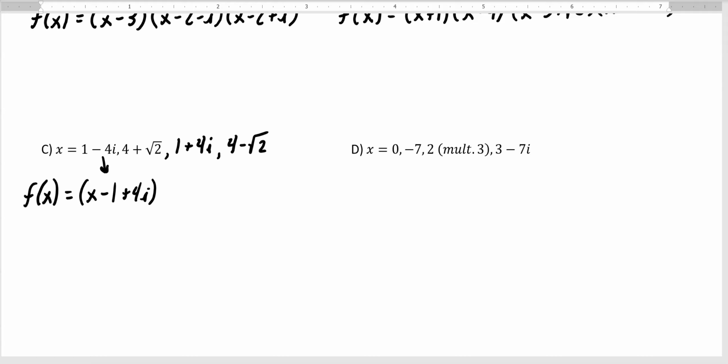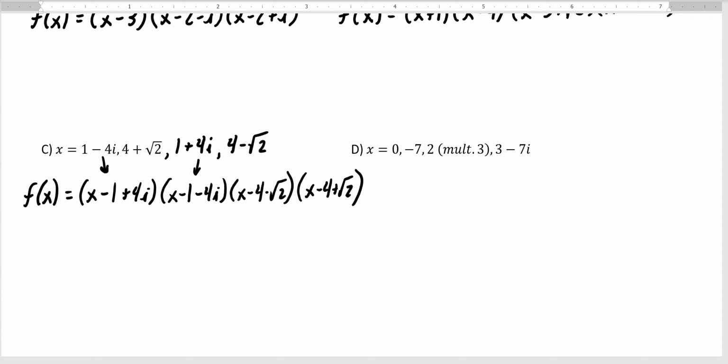That'd be this one here. X minus 1 minus 4i. That'd be this one. X minus 4 minus root 2. That'd be that first one. And then our conjugate pair, x minus 4 plus root 2. Those would be the factors for the polynomial with these zeros.